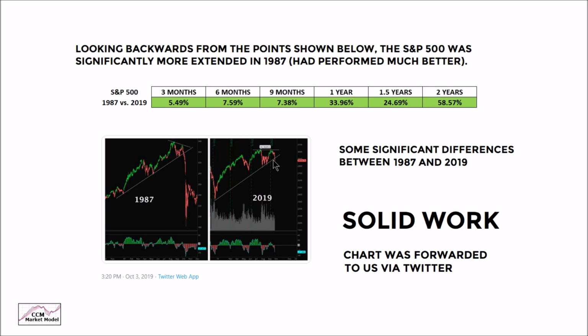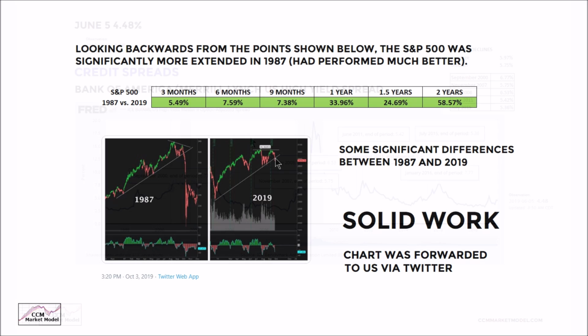If we look back 1 year from this point and this point, significantly different, 34%, 1.5 years, 25%, 2 years looking backwards, this market is vulnerable and extended. It's outperforming this market by almost 60%, telling us that sentiment, allocations, there are countless things in the market that are different here relative to this point here.